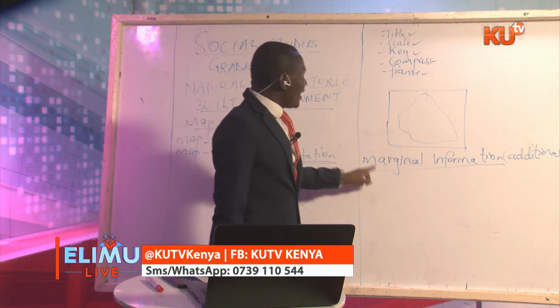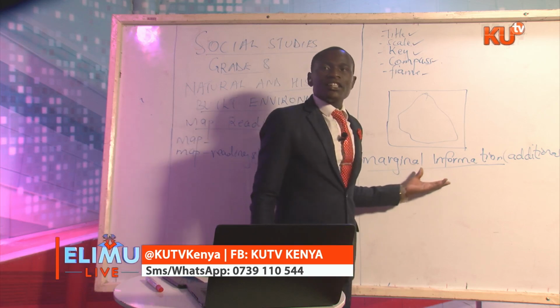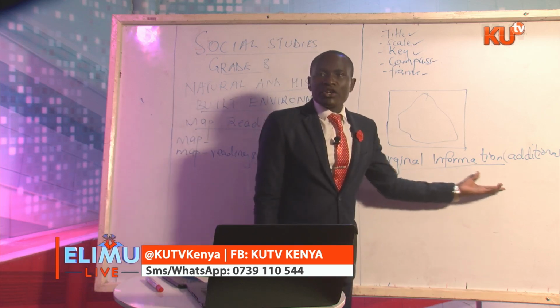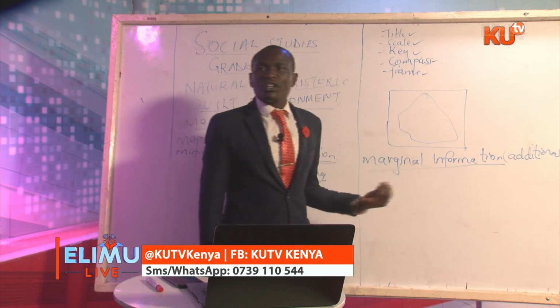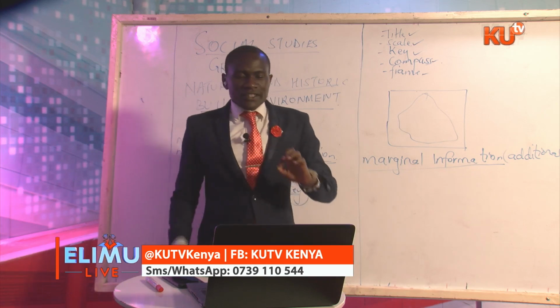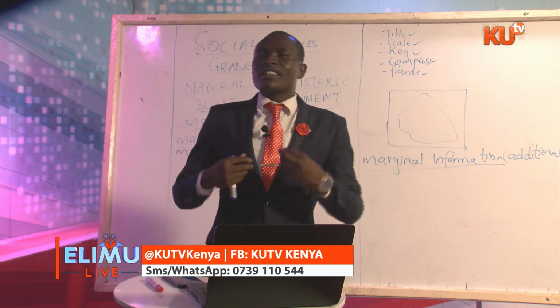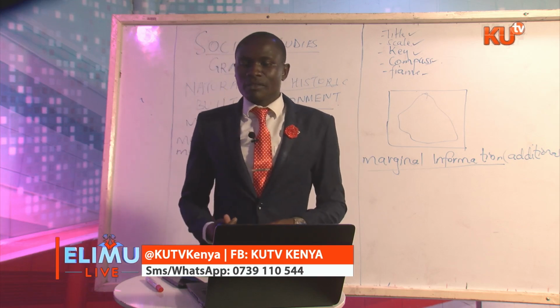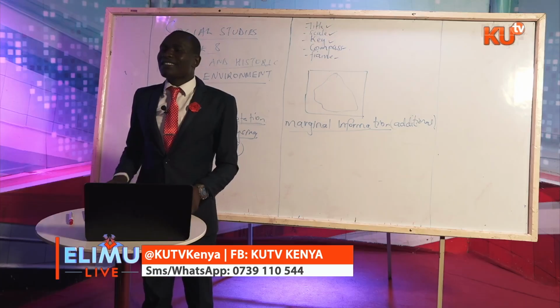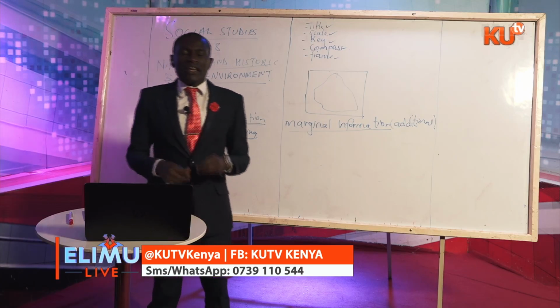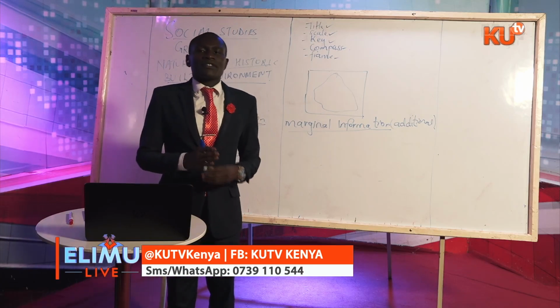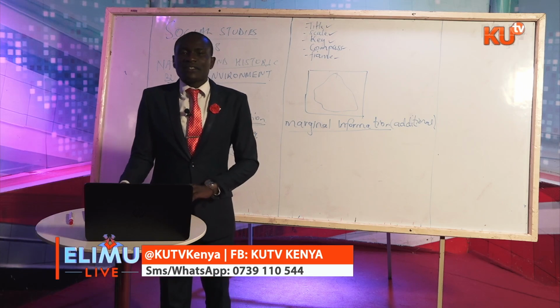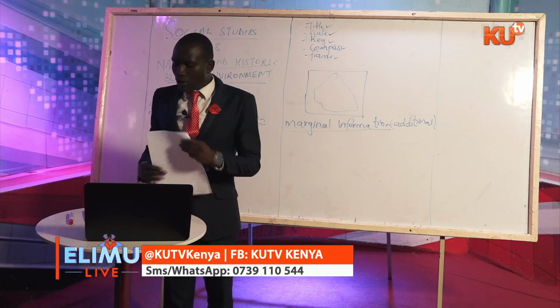So any added information that is found on the map is called marginal information, and this information is always given on the margin of the map sheet. We'll be looking at the types of marginal information that you can see on the map on our screen.